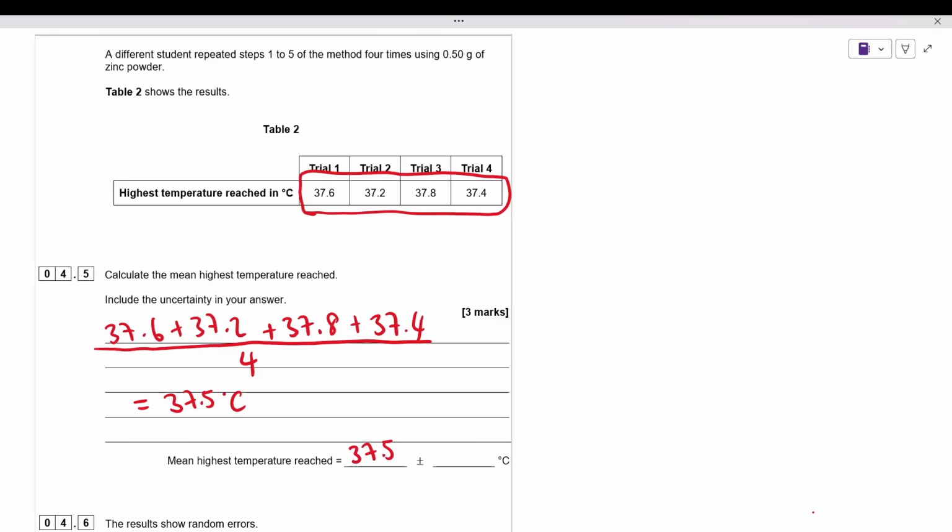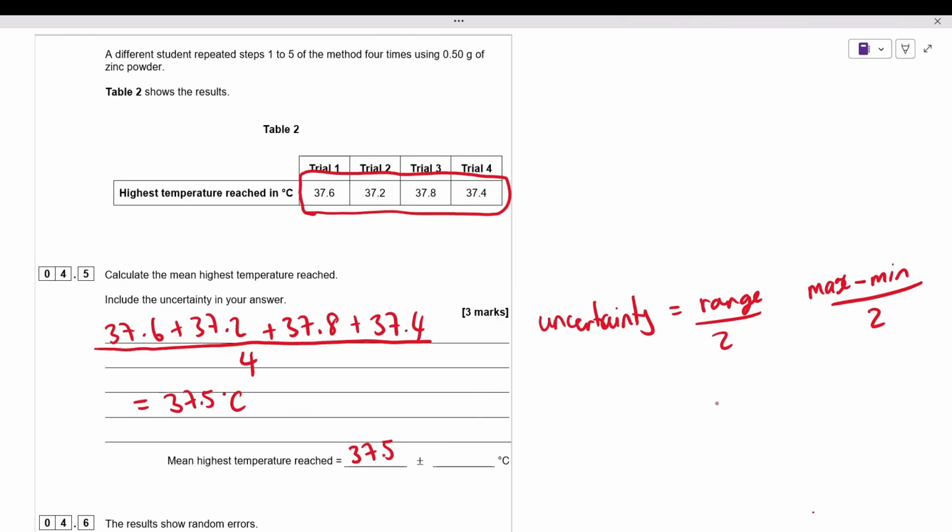Now we need to find the uncertainty. To find the uncertainty, that is the range divided by 2. And we know the range is just the max value minus the minimum value, and you're dividing that by 2.